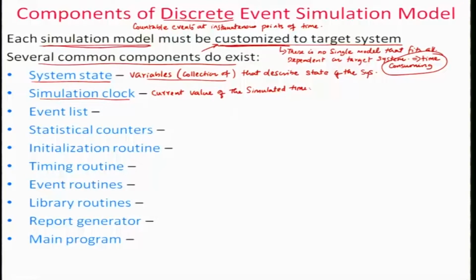If you remember, yesterday I drew a graph with time on one axis and the number of people in the system in a queuing system on the other, going up for some point of time, then 2 people, then 1, then nobody, then it goes up again. In discrete simulation, you are more worried about these instantaneous points.